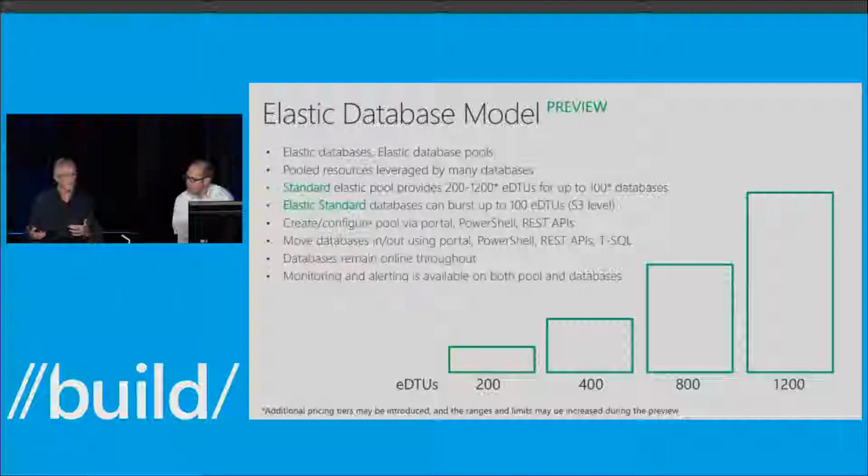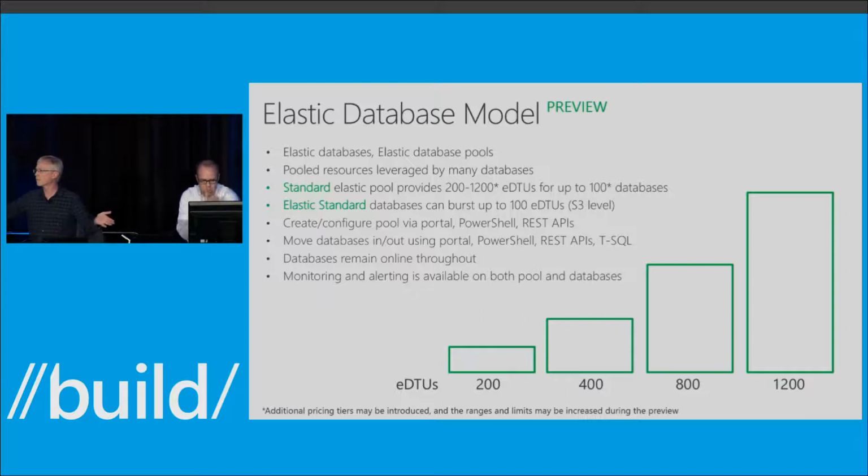We currently have a limit of 100 databases, but these are just getting-started limits we've put in place. We will have smaller pools and much larger pools, and there'll be more pool sizes in between for scaling the pool itself in a more granular fashion. Again, you can create and configure the pool through PowerShell, REST APIs, and the portal, and I'll show you that in just a second.